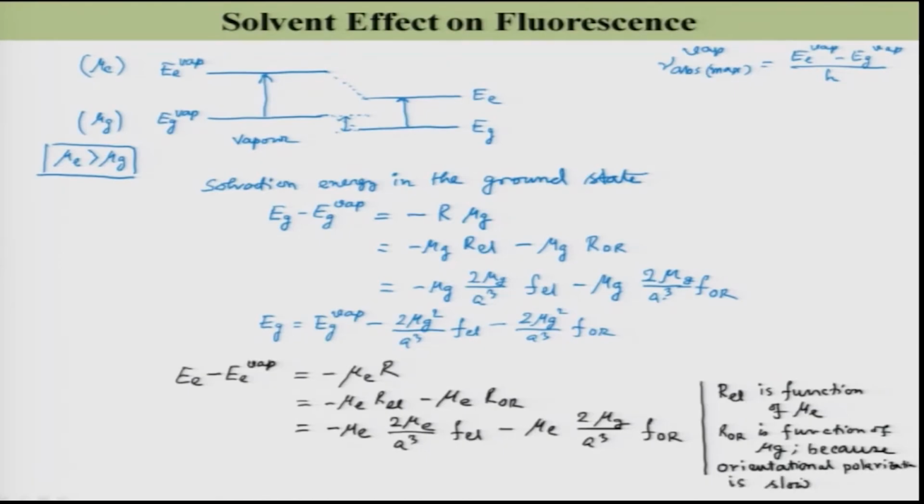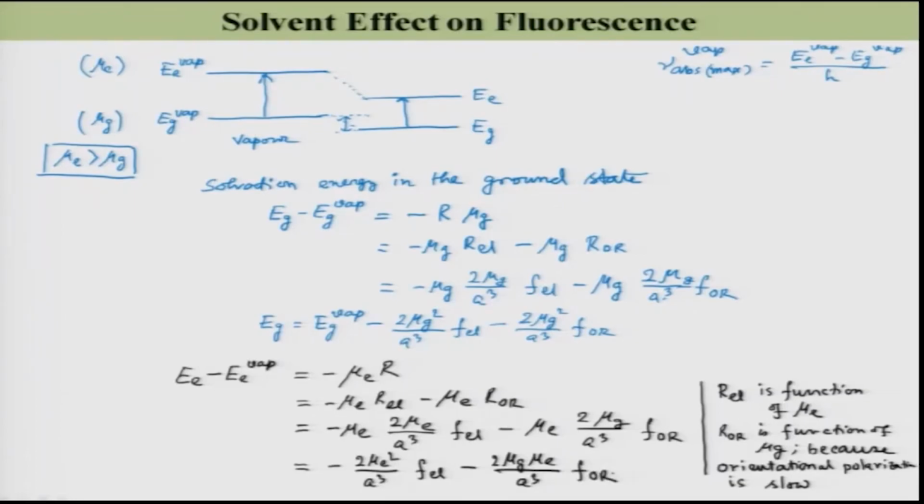Okay. So, then the rest of the part is simple. What I am going to have is this equal to minus twice mu E square by a cube f_EL minus twice mu g mu E by a cube f_OR.